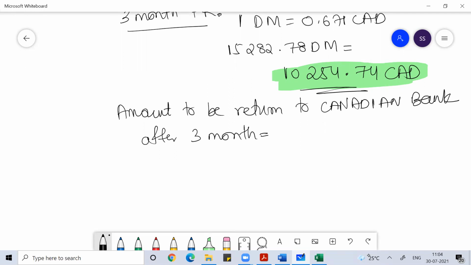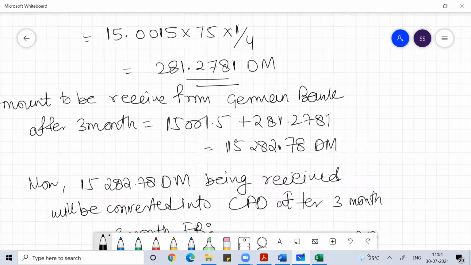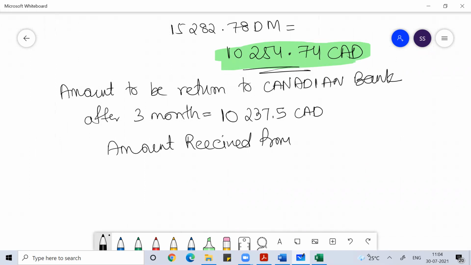So the amount to be returned to the Canadian bank is 10,237.5, and the amount received from the investment is 10,254.74 Canadian dollar.